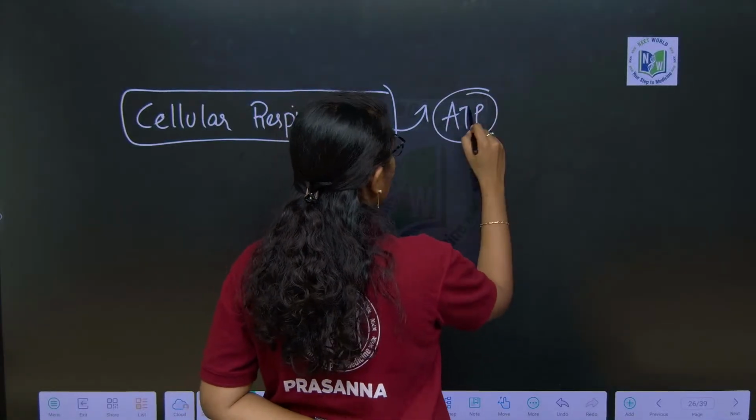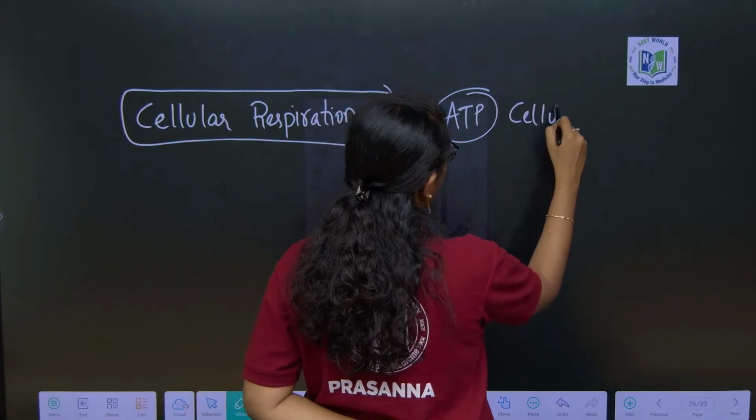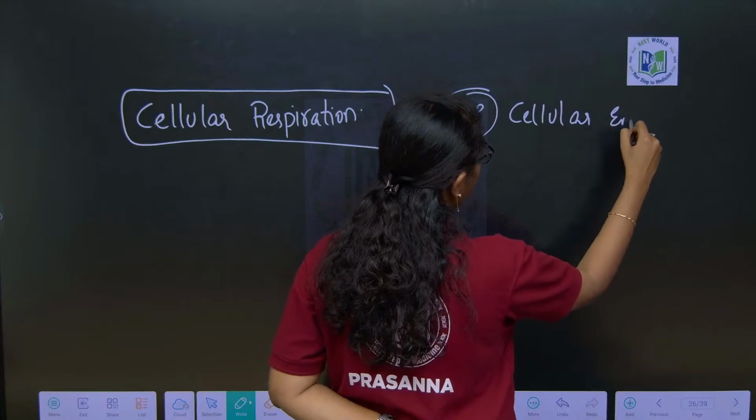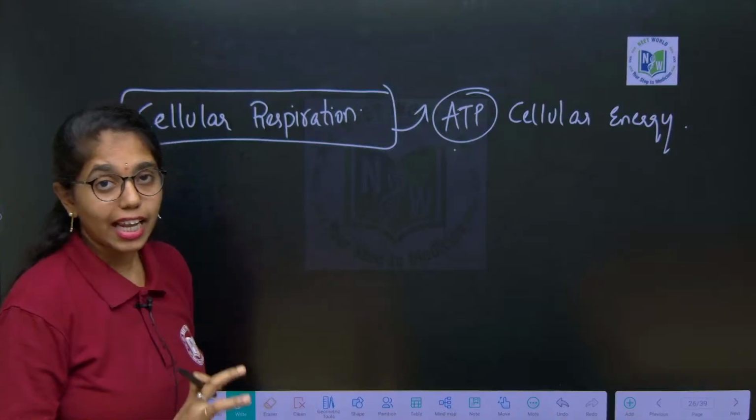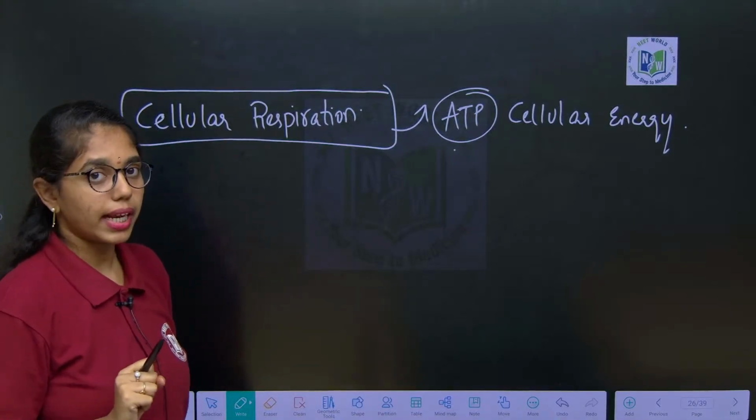Breakdown of the complex food material, that comes under respiration. So, cellular respiration is oxidation of macromolecules inside the cell and releasing the cellular energy, that is ATP. This is called cellular respiration, which happens inside the cell.